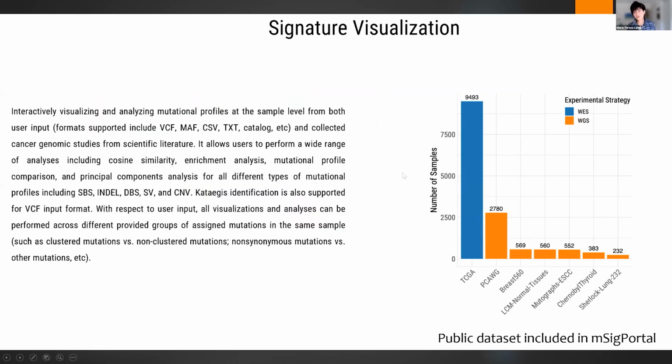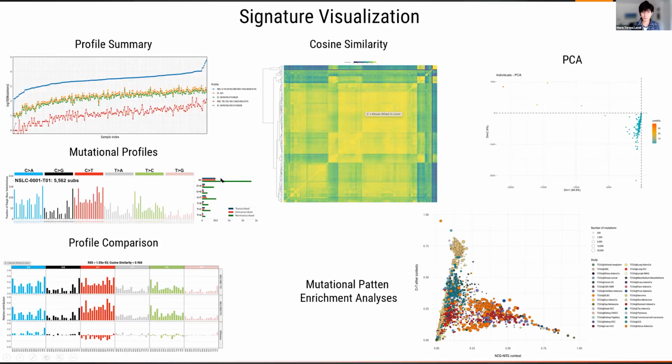And through the signature visualization, we currently uploaded all the whole exome sequencing from TCGA and whole genome sequencing from all the available studies in the literature, but one can also use his or her own data and conduct some analysis comparing the mutational patterns at the sample level. For example, testing the profile summary, the typical mutational profiles, or comparing different profiles using cosine similarities, principal component analysis, even looking at enrichment analysis, and so on.